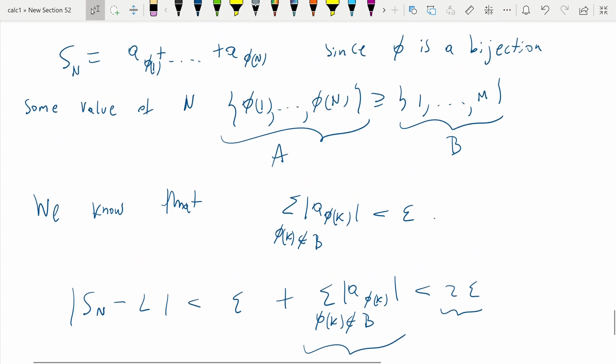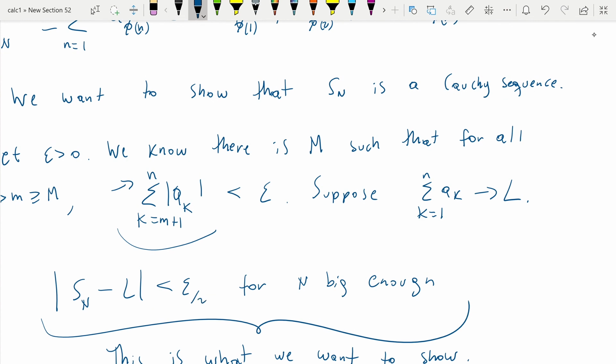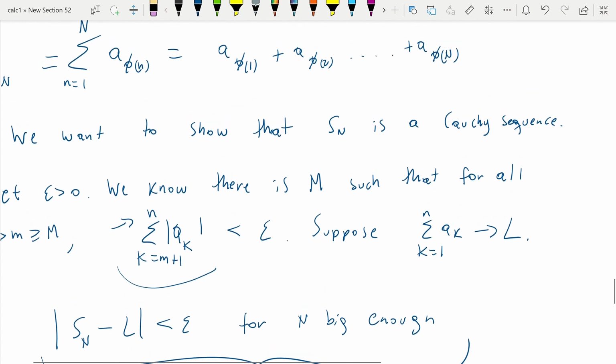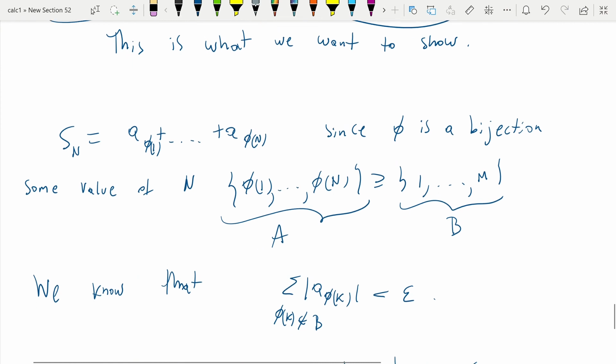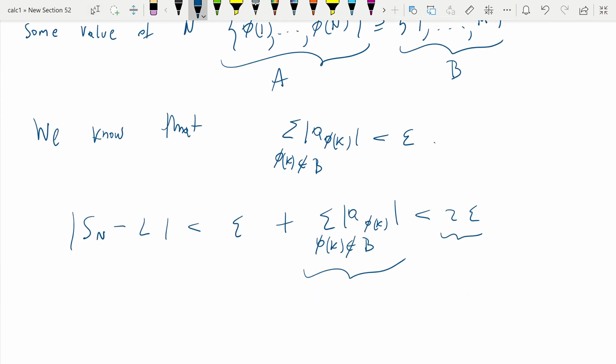So if we choose, no, I'm sorry, not epsilon. We choose an m that will guarantee that this is less than epsilon over 2, and that this here is less than epsilon over 2 as well.